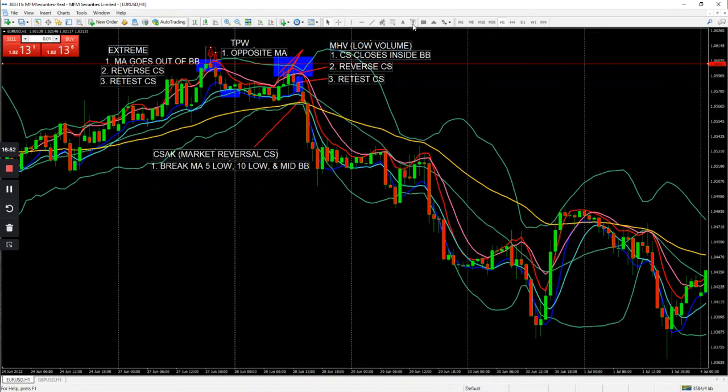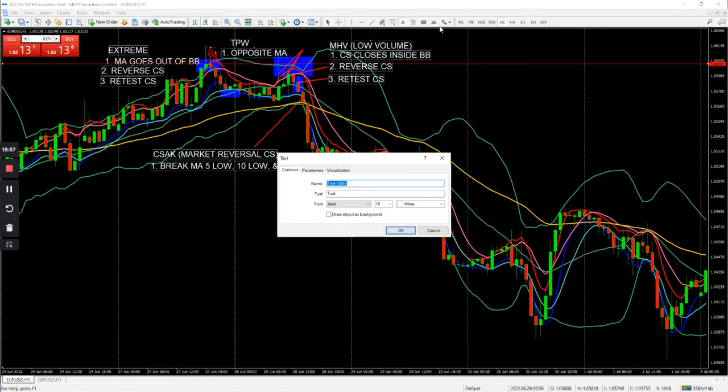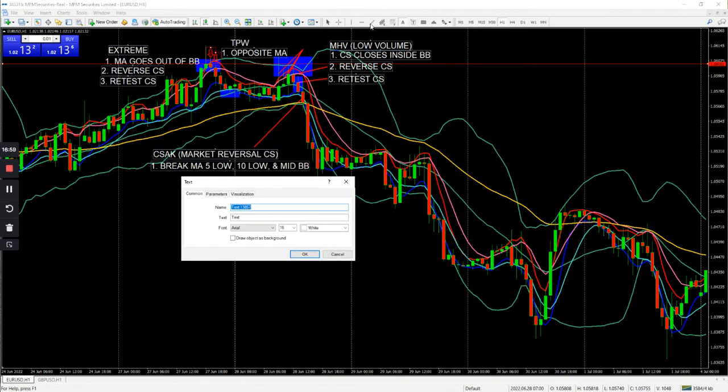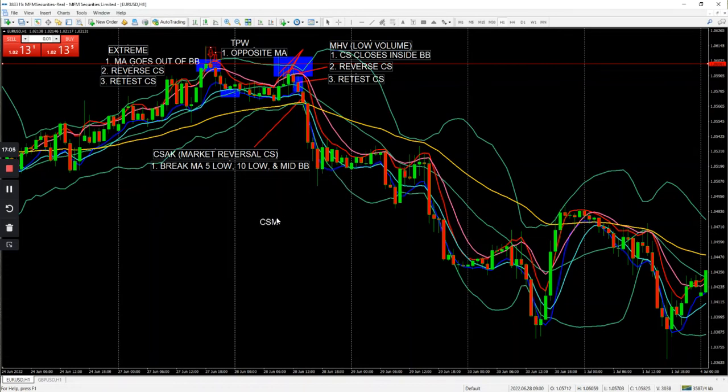So the next thing to look out for is momentum. CSM or momentum. This is very straightforward. I don't think I have to translate. What is the criterion?